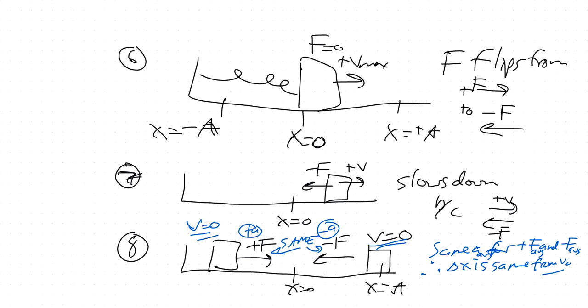So maybe an average of 5 on this side, an average of negative 5 on this side. So we go the same distance. That's why we know it goes from negative A to A and then A to negative A. And then repeat.